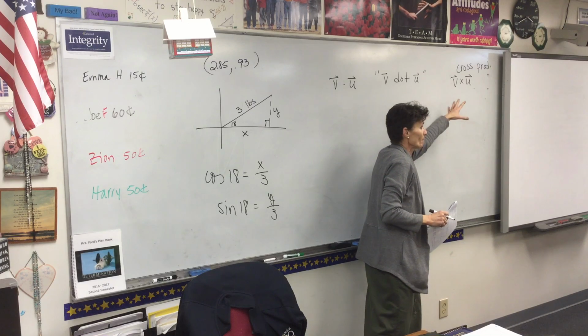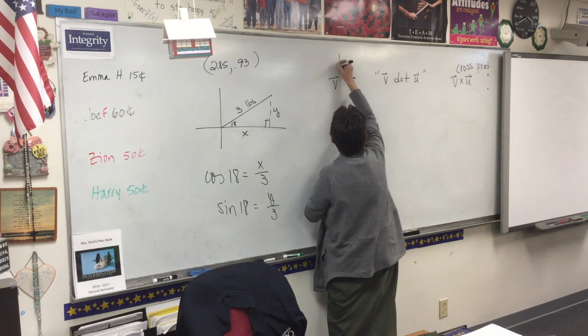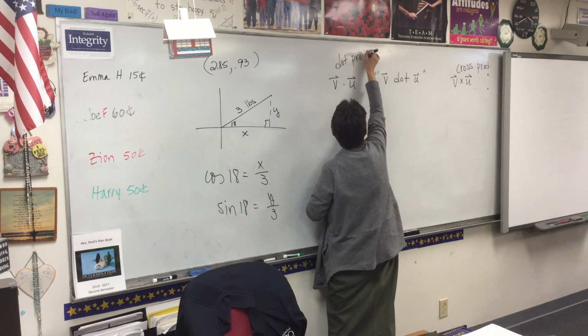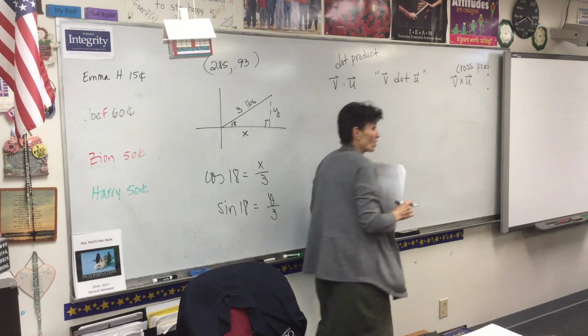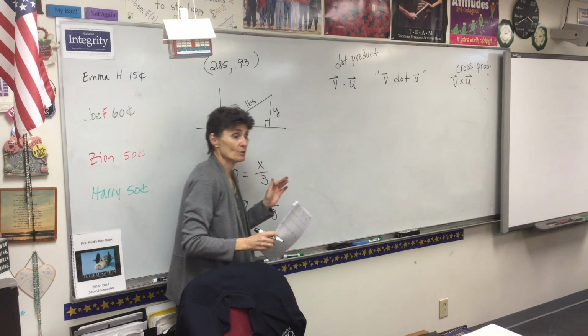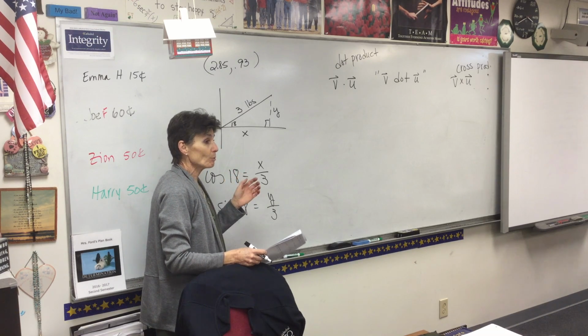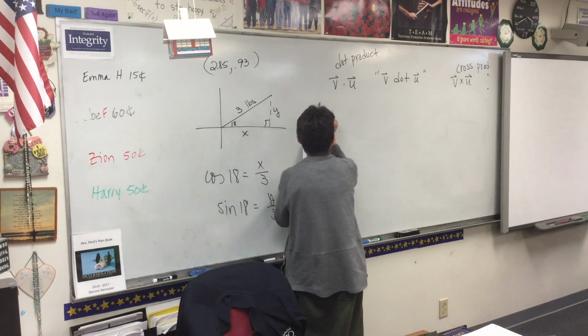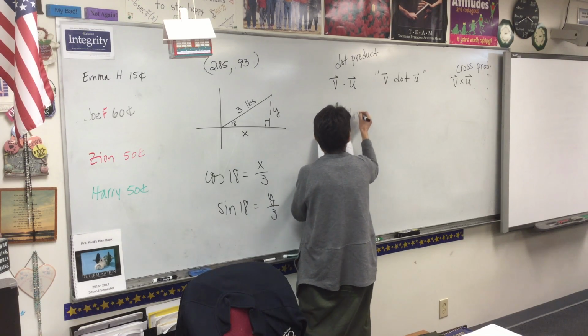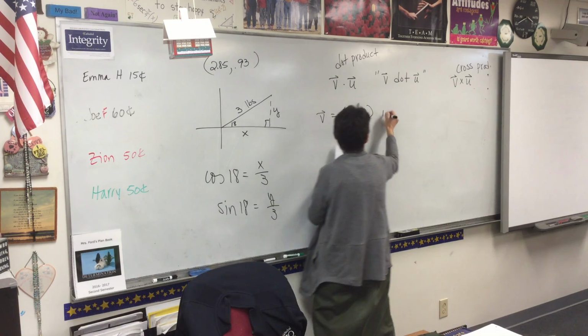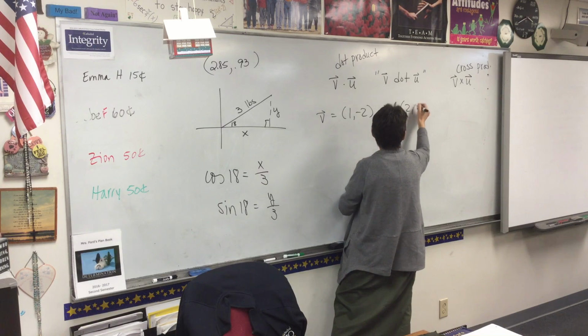This is called the dot product, is what we're going to talk about today. And it's real easy to do. The calculation is easy. To do a dot product, so we're dotting 1, negative 2, and 2, 3.